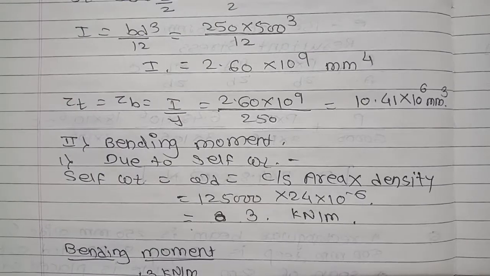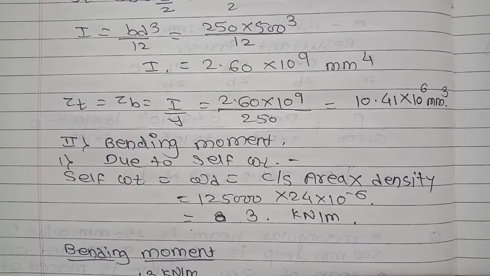Now, section modulus at top and bottom fiber, Zt equals Zb equals I upon Y. Because this is a symmetrical section, Zt and Zb are equal. We know how to find this I upon Y. We just calculated the moment of inertia. Also we got Y, so 2.60 into 10 raised to the power of 9 divided by 250. If we calculate this, we get the answer 10.41 into 10 raised to the power of 6 mm cube.